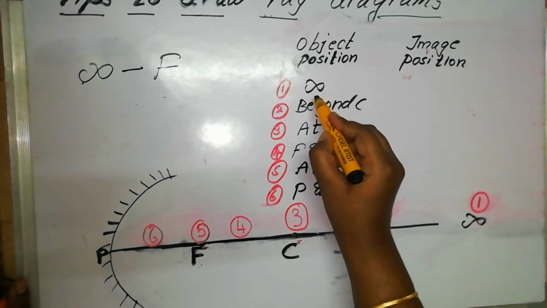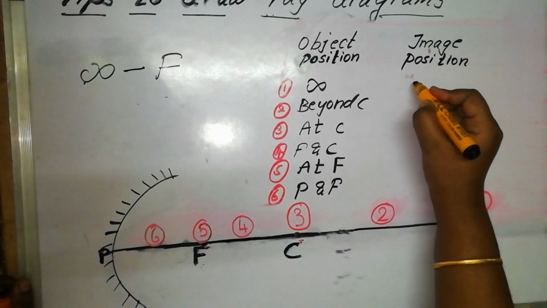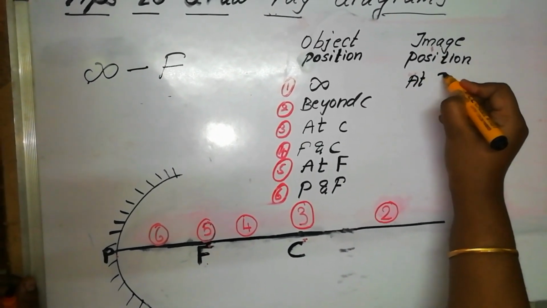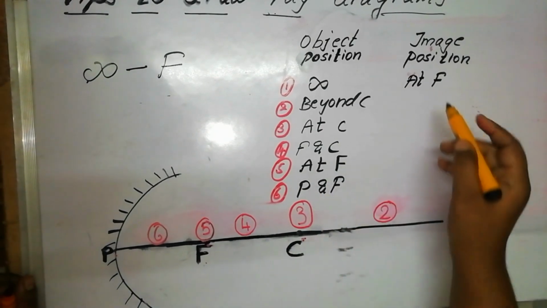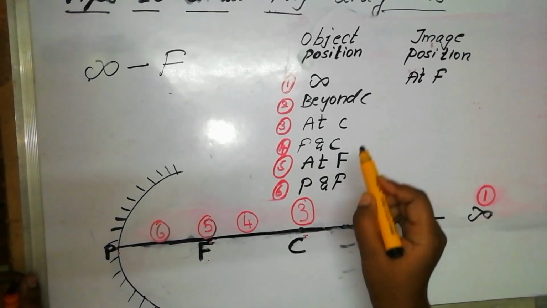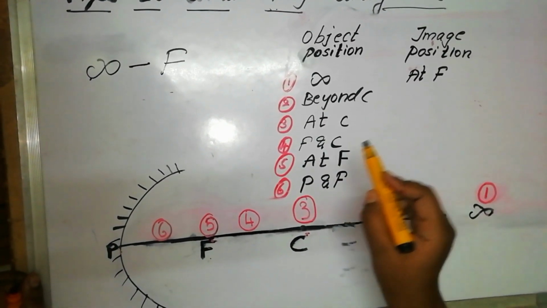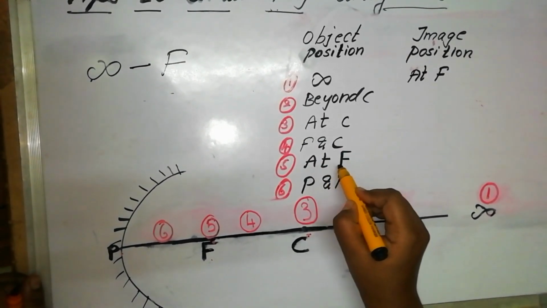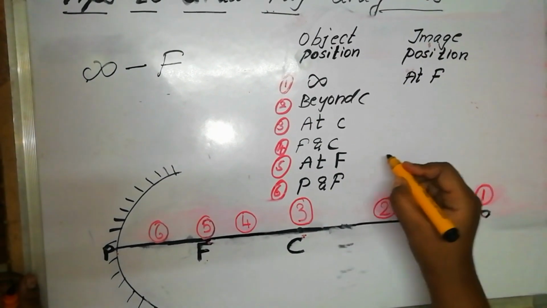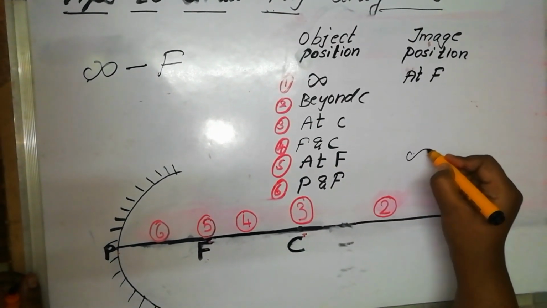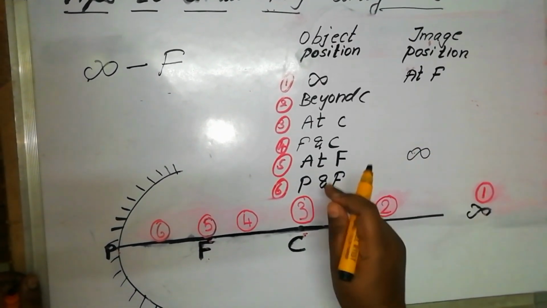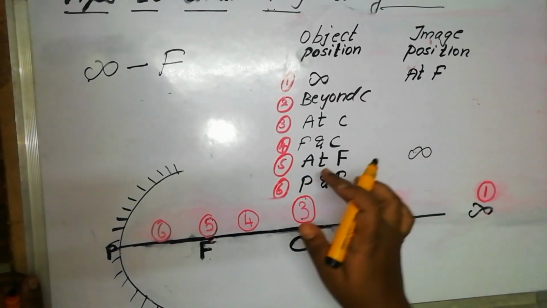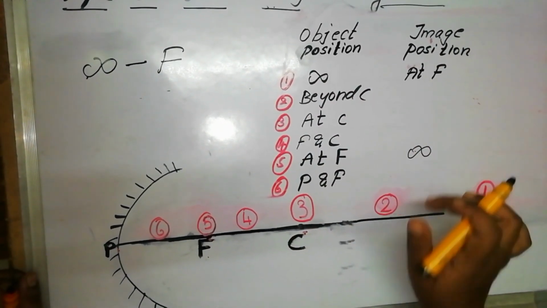When the object is at infinity, we get the image at F. The next case, when the object is at F, we get the image at infinity. So we will note it down: infinity, focal point; at focal point, at infinity.